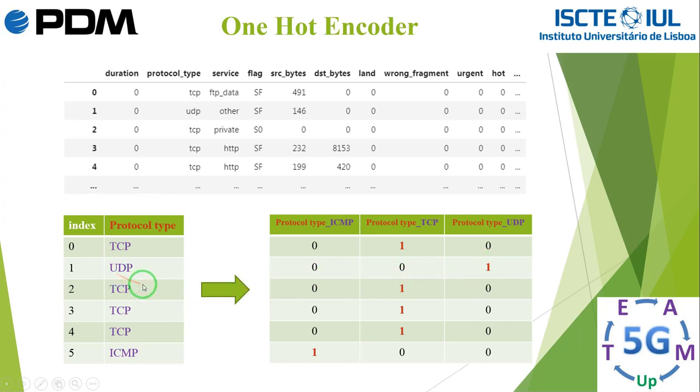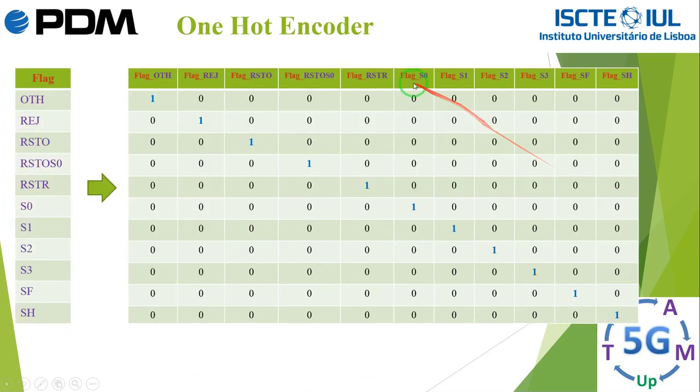And the other samples are the same. Here, for example, the value of protocol type for this sample was ICMP, so we put 1 for ICMP and 0 for the rest. And if you want to do this for the other features, for example the flag or service feature, you can use the same method.